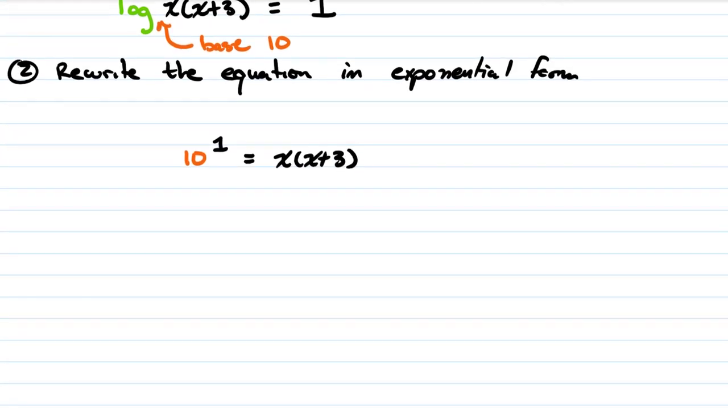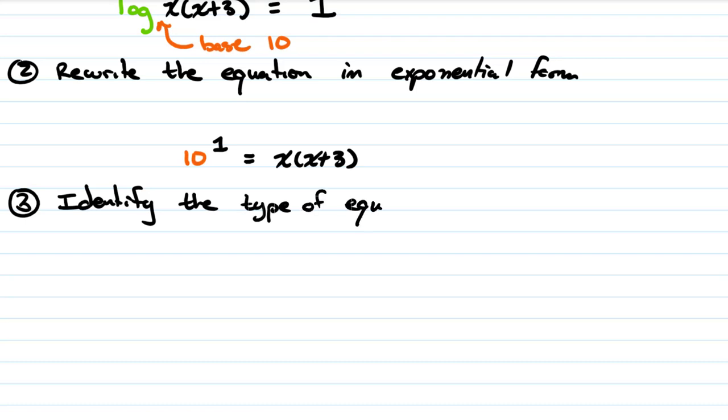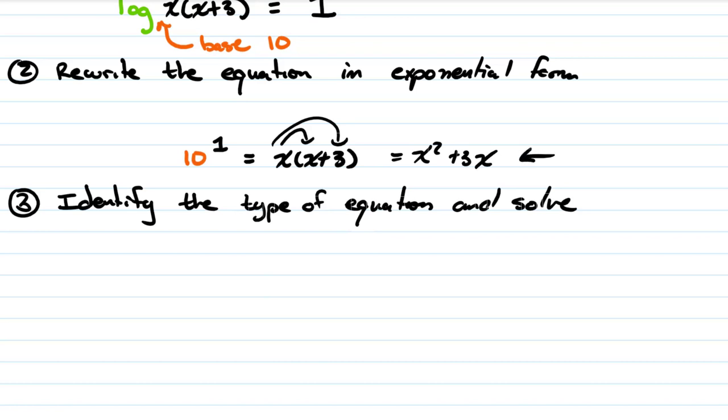Our next step is we need to identify the type of equation and solve. So this type of equation, if we distribute our x in, we get x squared plus 3x, means it's going to be quadratic.